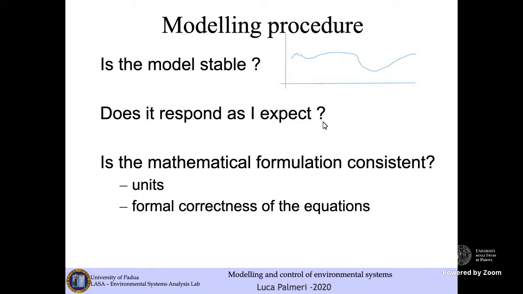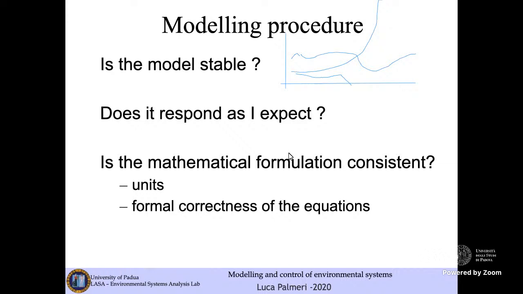A non-stable model instead may produce an output like this one, in which you have a derivation of a solution toward non-meaningful values, like for example, one of the state variables tends to grow indefinitely, or the reverse, a symmetric condition in which you have a state variable that at a certain point drops to 0.